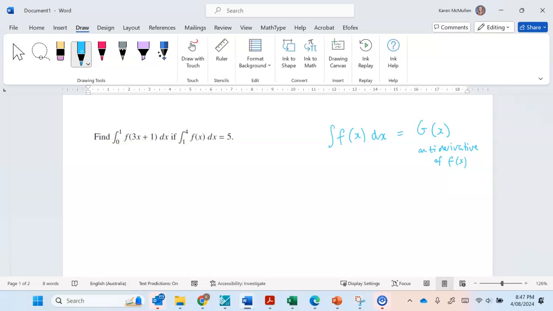But if we went back the other way, so if I wanted to do the derivative of g of x, I would actually get f of x.